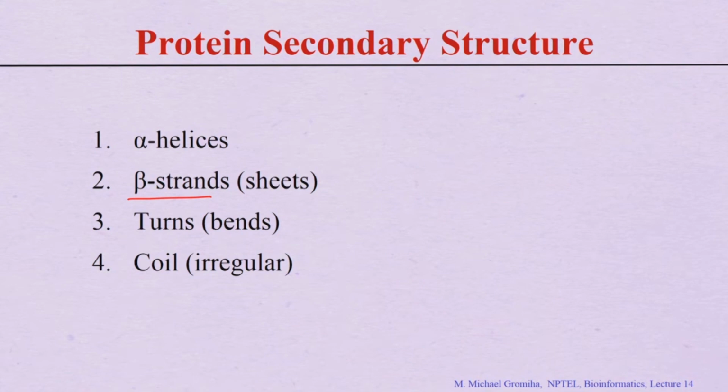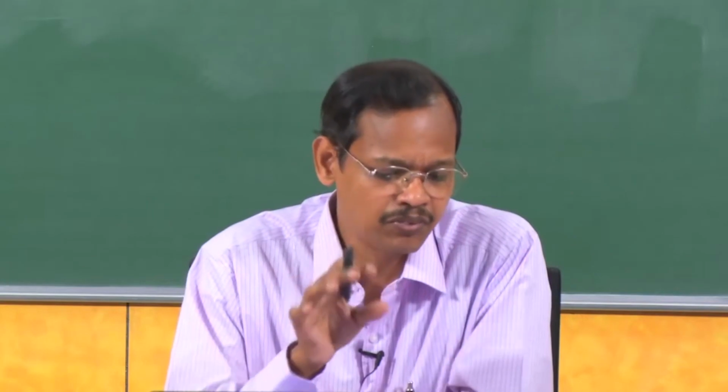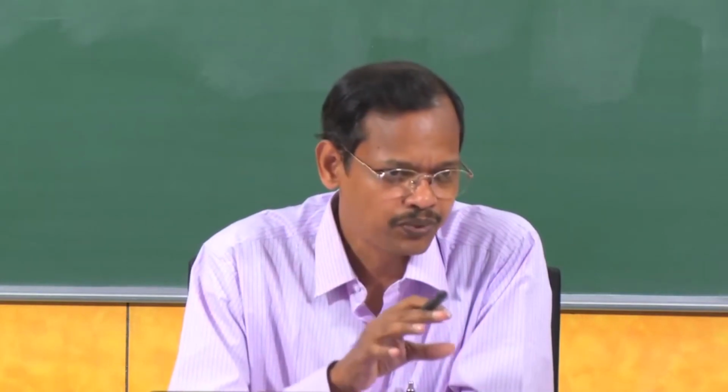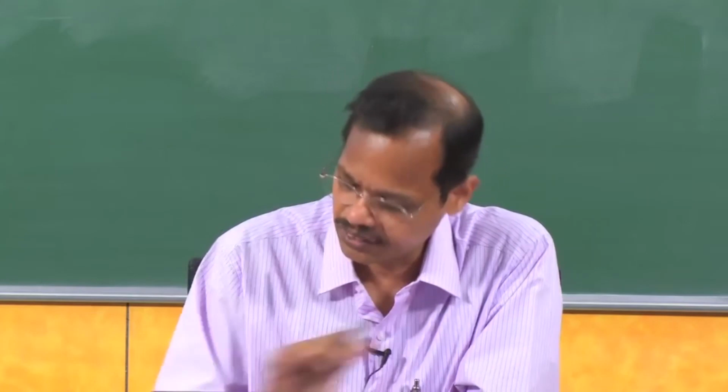Then there are turns or bends: if you want to change the direction of a regular helix or strand, there are structures which turn the direction. And some structures which are irregular you can call coil structures. So the regular secondary structures are simplified to alpha helices and beta sheets, along with turns and coils.